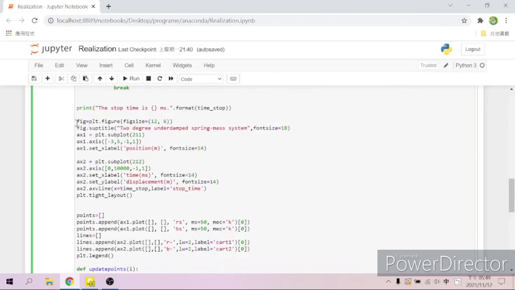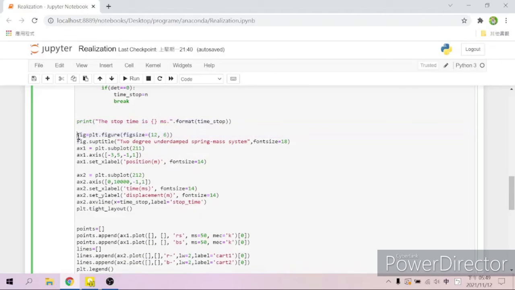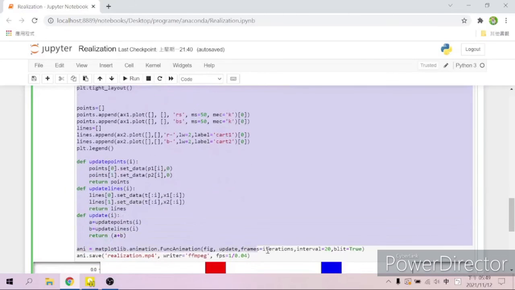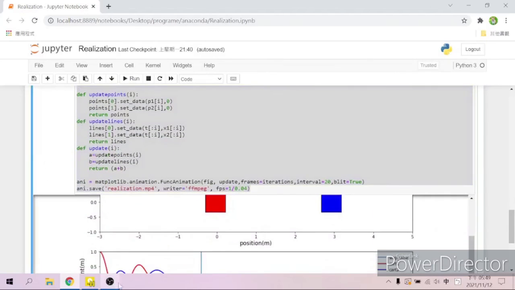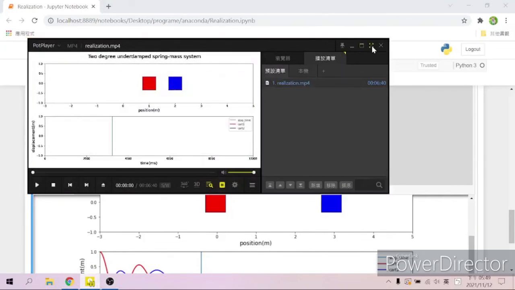Then this part is for animation. So we can go to see the animation.